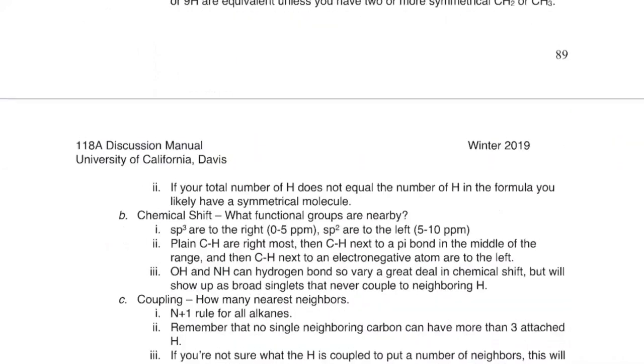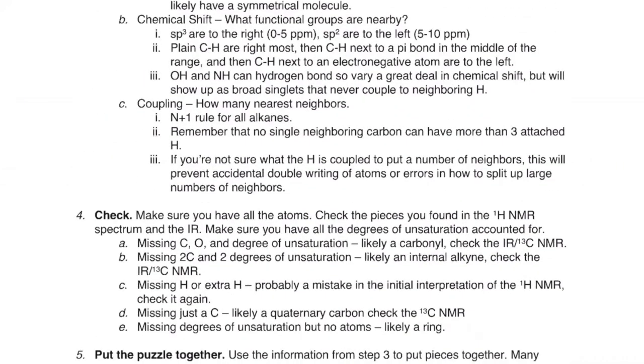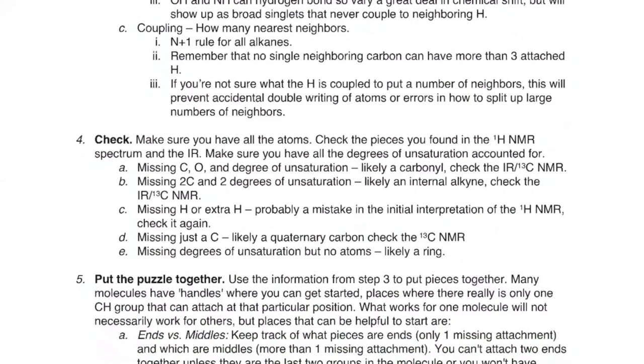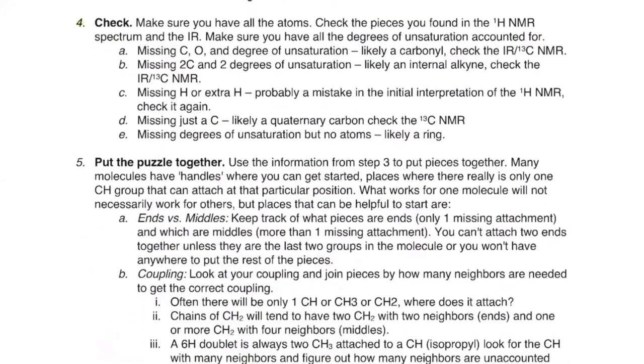You can follow her way because she actually has her own video on YouTube talking about how to solve an NMR problem. You can use the way that she's listed here, but as I told you before, as long as your structure is correct, you don't have to follow her method.